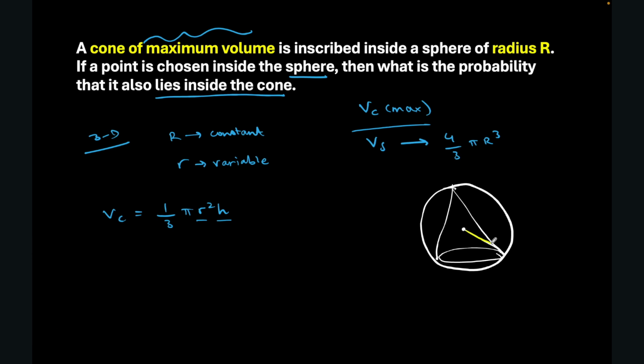This in yellow here, this line with the dot is our capital R. This is our capital R, and this is our small r. That's the radius of the cone. Capital R is the radius of the sphere. This entire length is my height.